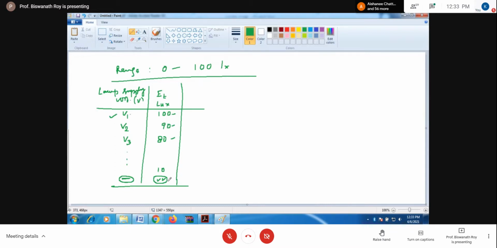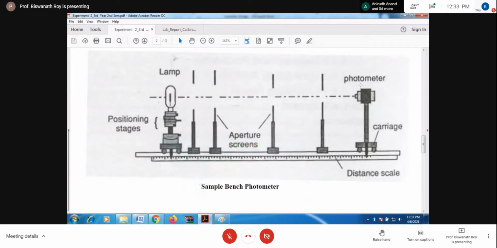After completion of this experimentation, I replace the test lux meter by the working standard lux meter, without changing the position.